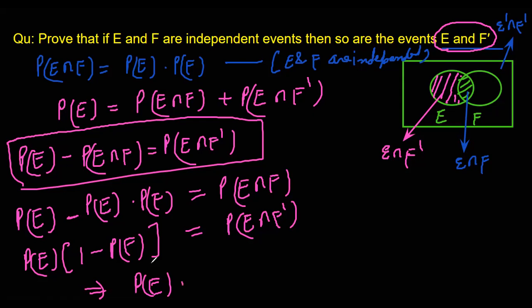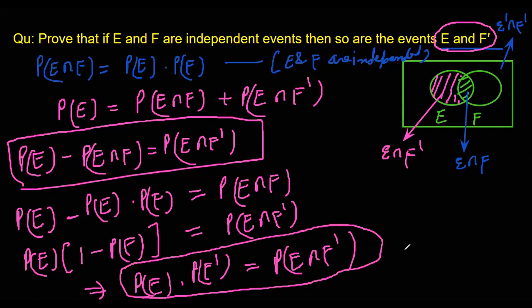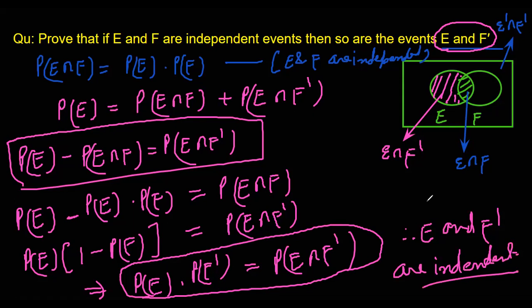And this statement proves that E and F complement are independent. So this is how we prove that if two events E and F are independent, then E and F complement are also independent.